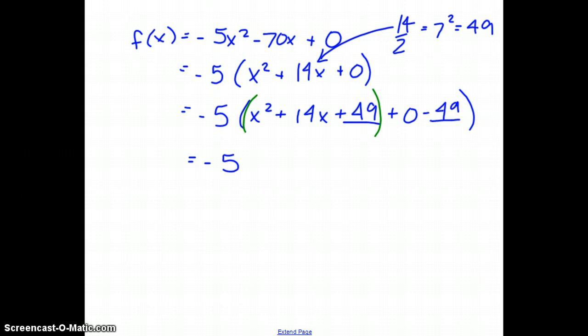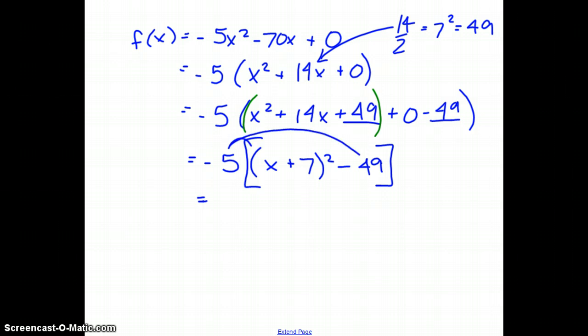So we get minus 5 times (x plus 7) squared minus 49. But again, this minus 5 is on the outside of the whole set of brackets. So then we'll put the minus 5 in, and we'll get minus 5 times (x plus 7) squared plus 245.